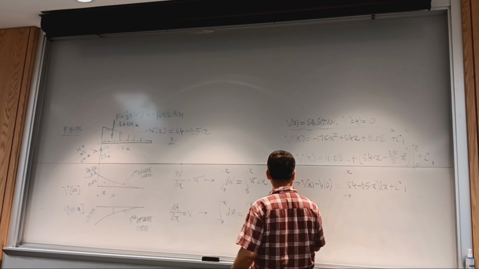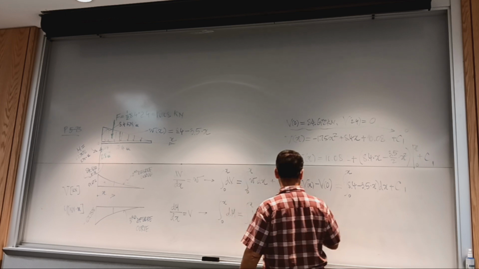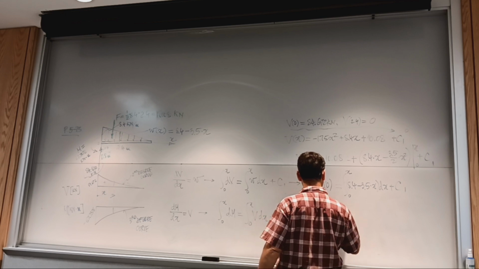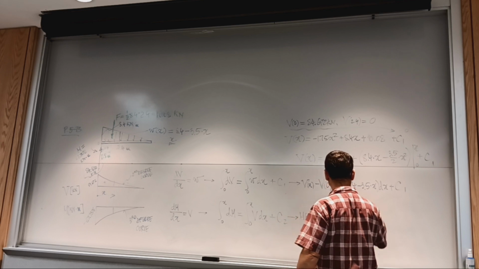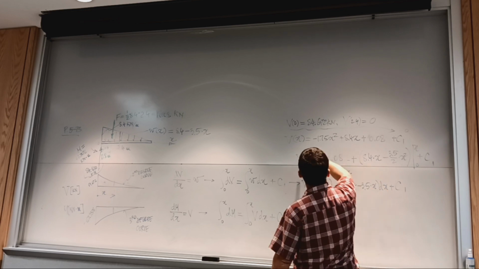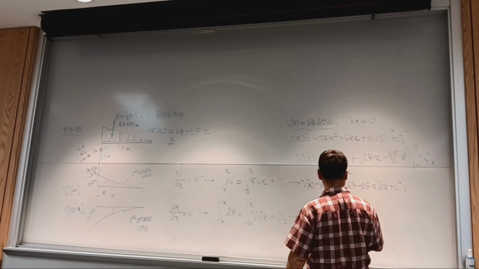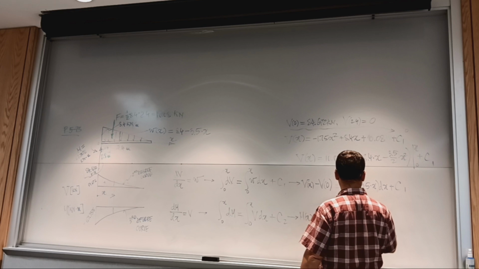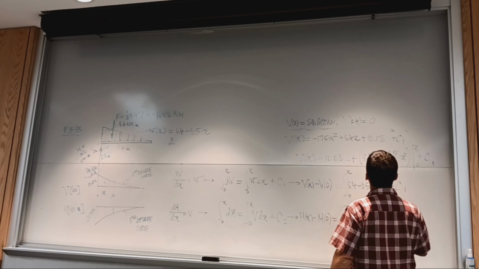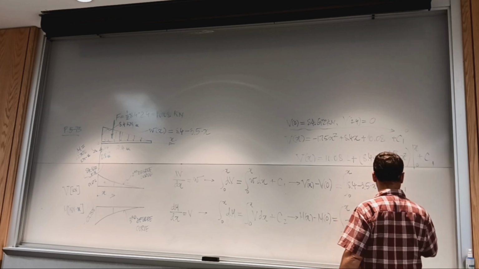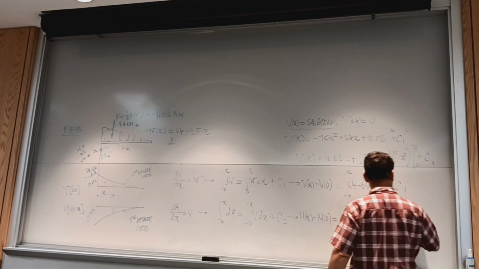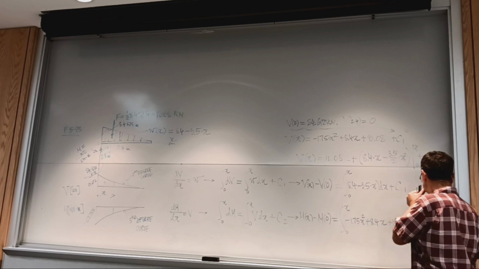So I have M of x minus M at 0, and this is equal to the integral from 0 to x of V. And the equation of V is going to just be this one: negative 1.75 x squared plus 8.4 x plus 10.08, dx, plus the second constant of integration.